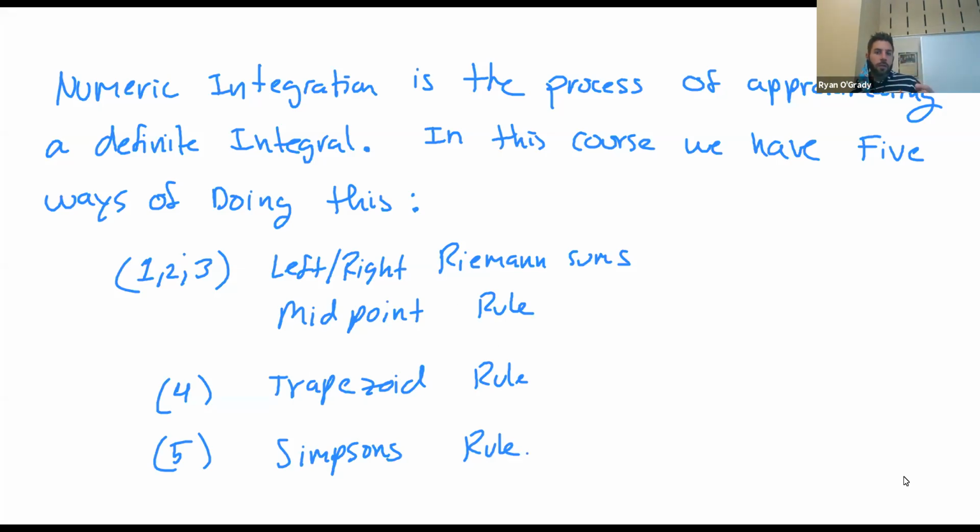The left and right Riemann sums go all the way back to Calc 1. We first encountered them when we were defining the integral. The midpoint rule is a generalization of them. And then, of course, the trapezoid rule and Simpson's rule are the new ideas here.